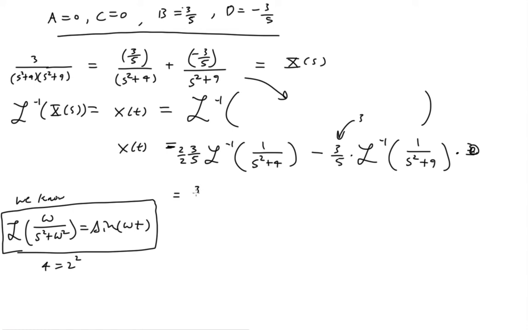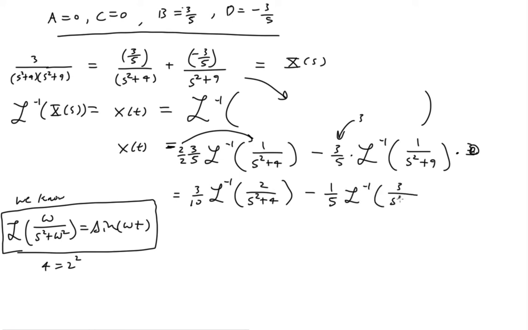So we're going to get 3/10 inverse Laplace transform of 2 over s squared plus 4. And the idea here is this 2 is going to distribute back inside the inverse Laplace transform because Laplace transforms and inverse Laplace transforms are linear. Minus 1/5 inverse Laplace transform of 3 over s squared plus 9. All right, now we got everything in the form. We know exactly what that is.